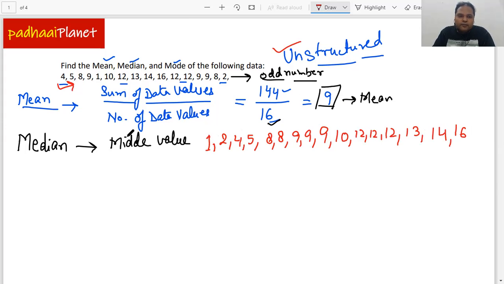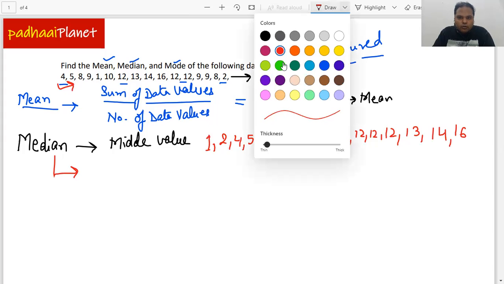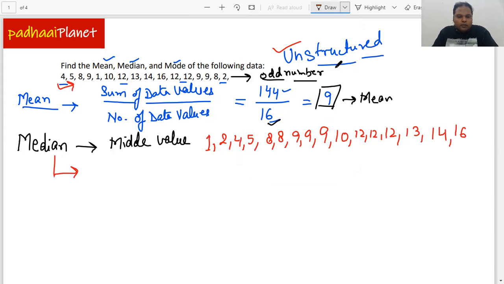So the median in this case will be very simple. We'll divide all the values into two equal groups, and let's first do that. Below every data value, I'm just going to put a sign, and finally we'll be left with two values, right?